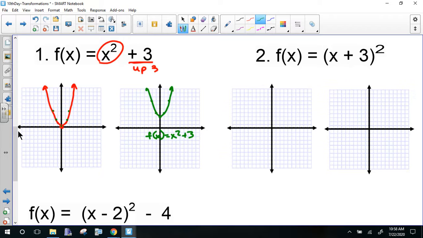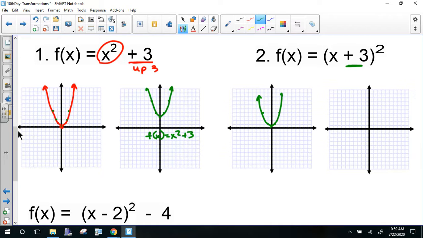If I look at the next one, it is also x squared. But my 3 is on the inside now, and it's sort of the opposite of the way you would think. I'm going to move this one left 3.